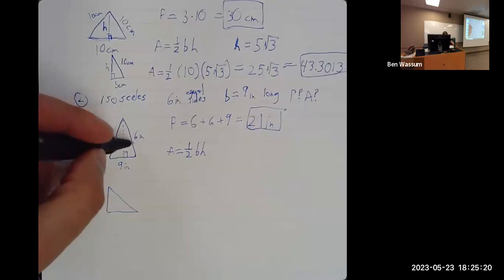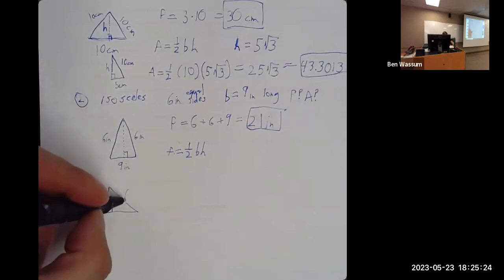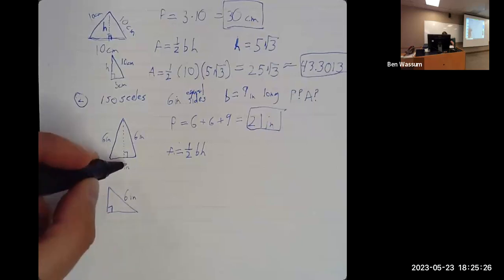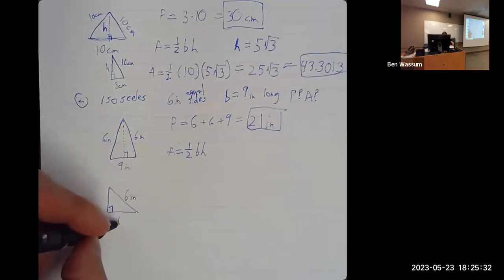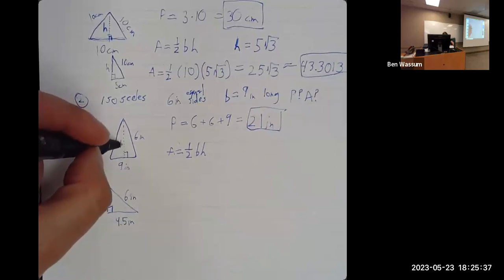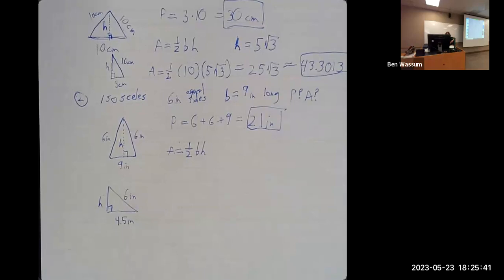So this side is still going to be 6 inches. But if I'm taking just this part of it, it's going to be half of that, 4.5 inches. And we need to know what the height is. But now we have all the information we need in order to find that.